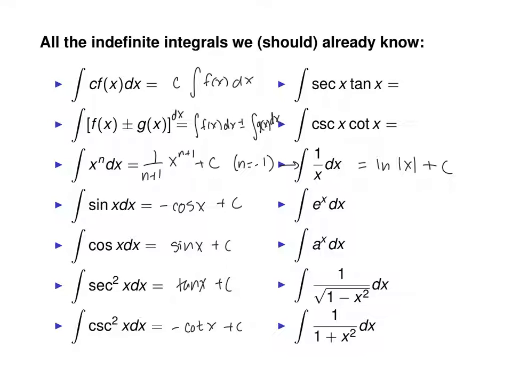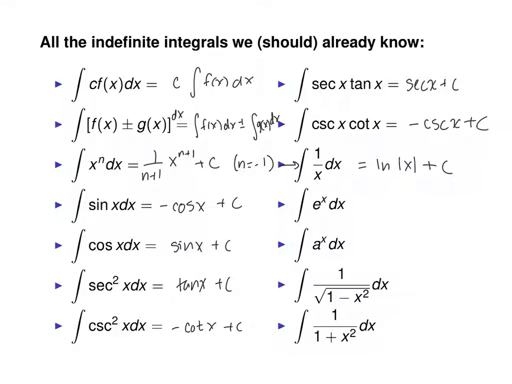Negative, because cotangent's derivative is negative cosecant squared. So to get that negative canceling out, you'd have to have another negative there. Okay, how about secant tan? Secant. How about cosecant cotangent? Negative cosecant, yep.